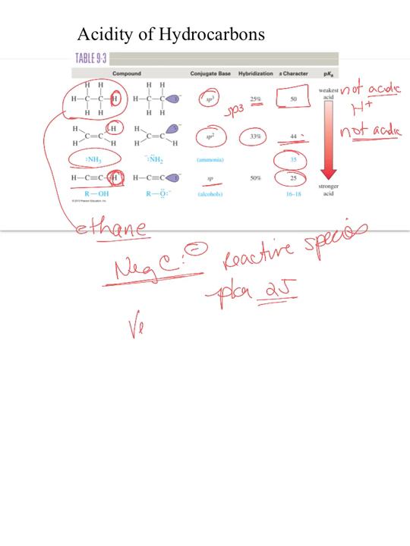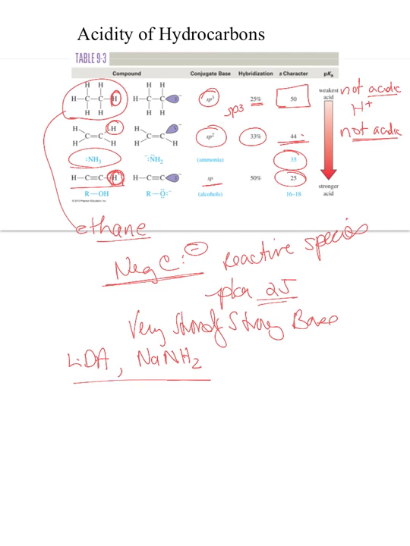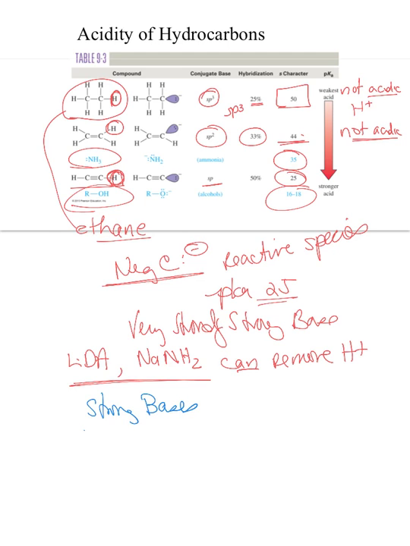So now very, very strong bases, such as LDA, sodium amide, okay, these can remove that acidic proton. Alcohol has a pKa of 16 to 18, so your strong bases can remove that proton.